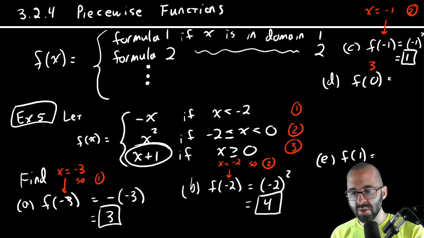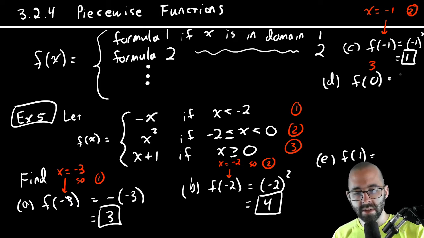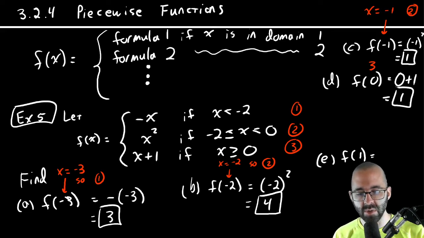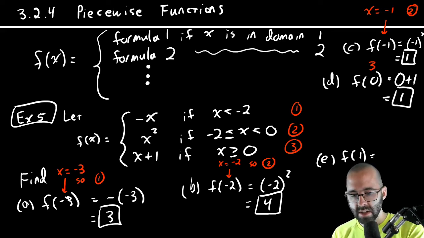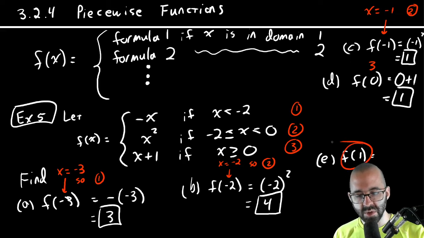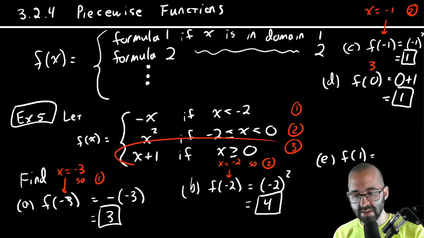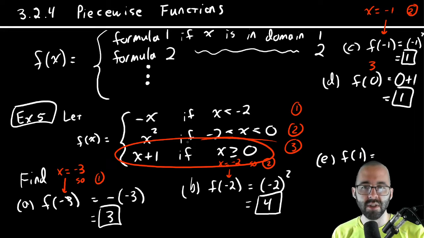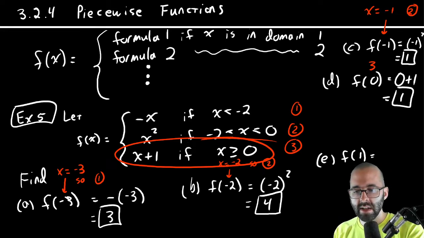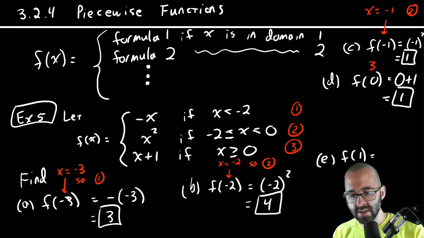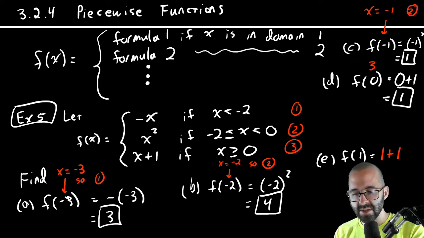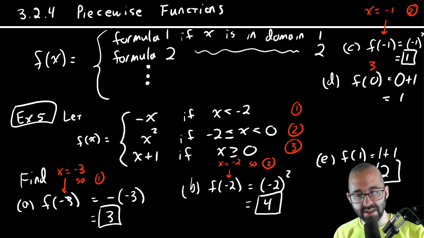We plug it into this formula, x plus 1. Replace x with 0, and we get f of 0 equals positive 1. Here, we have x equals 1. X equals 1 is this piece, because 1 is also to the right of 0. So we plug it into this formula, 1 plus 1. f of 1 equals positive 2.